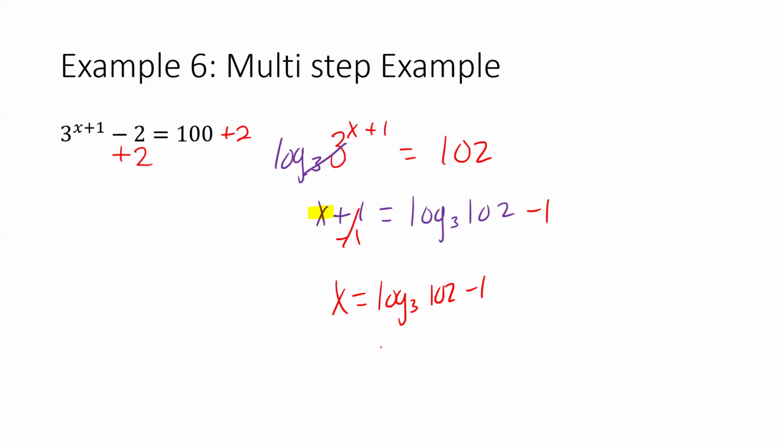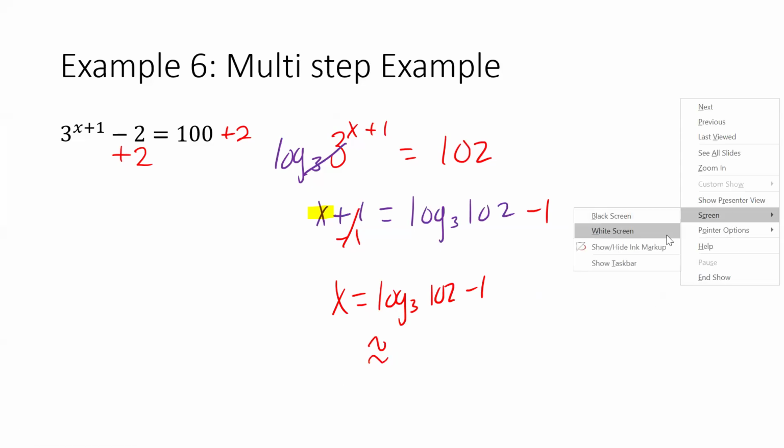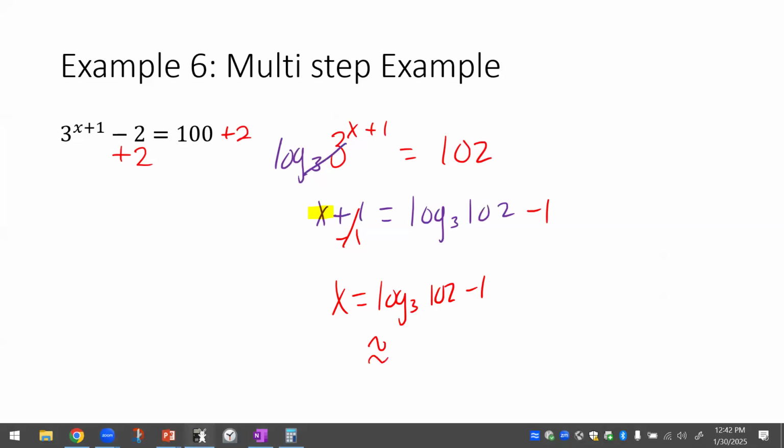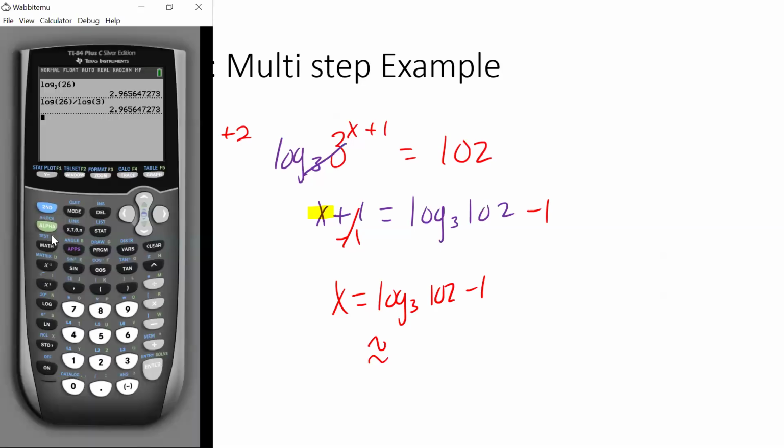Okay. We're going to plug it in and find our approximate, using your calculator of choice. So I'm going to do alpha window 5, and I have base 3, 102, minus 1.